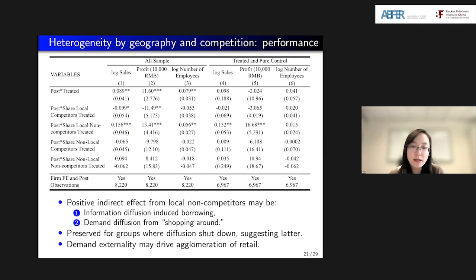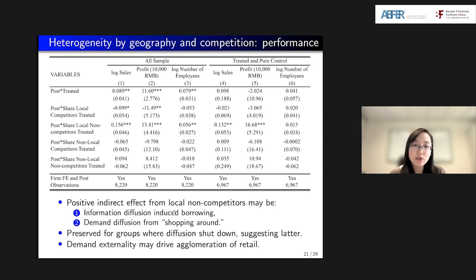The first reason could be, as we see in the previous table, there's information diffusion from local non-competitors. So maybe you learned from local non-competitors about the loan, and you're more likely to borrow, and the loan improved your outcome. But another possibility is a demand diffusion effect, in that if a consumer visits one market, and your neighbor managed to attract more customers to that area, then the customers might also shop around in that area. So that also improved your store's revenue.